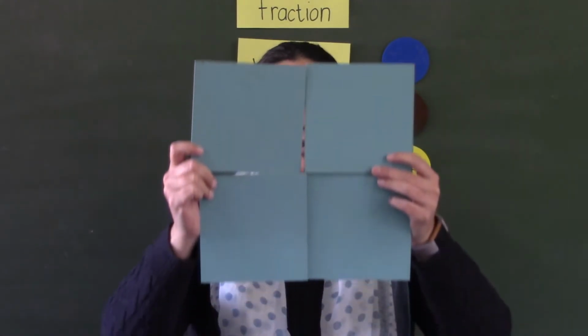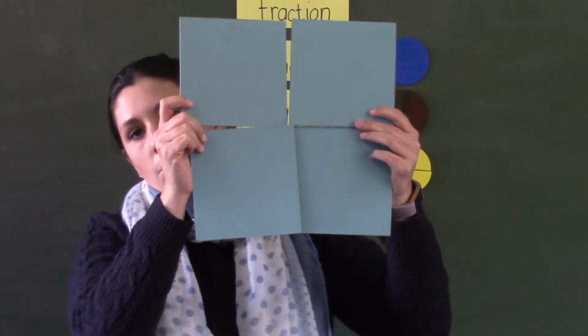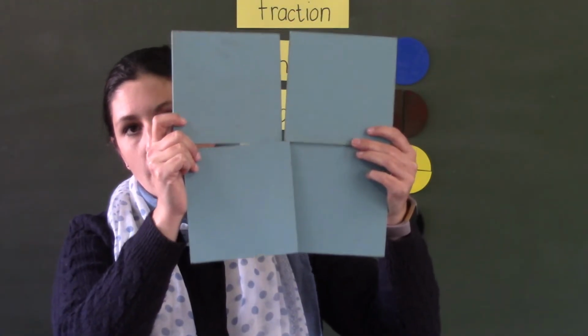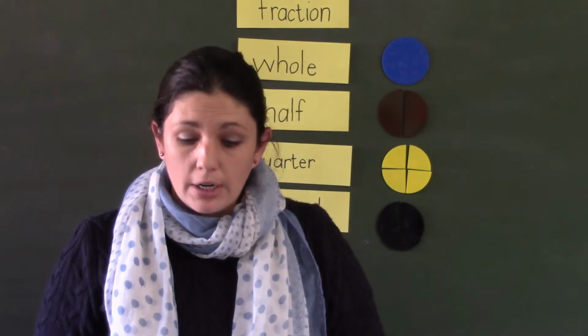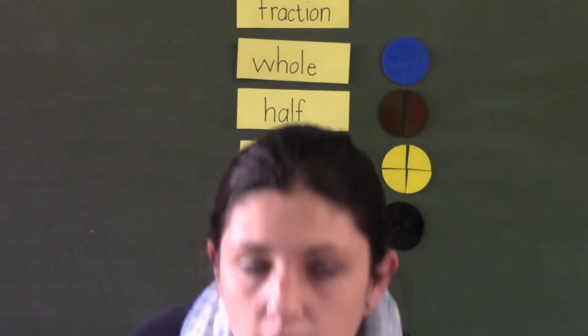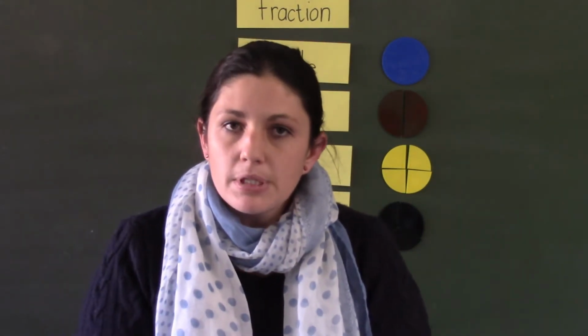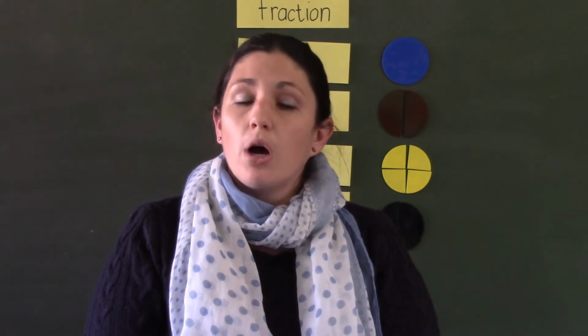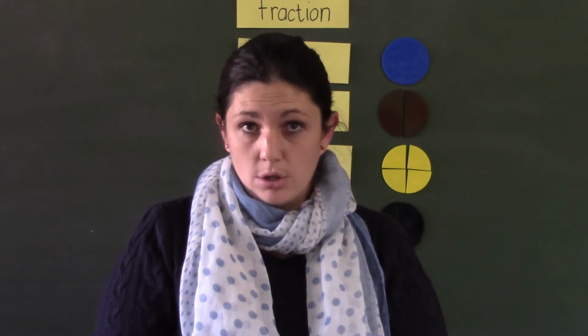Okay, like that. 4 quarters together make up 1 whole. Okay, so that's what you need to know about fractions for now. Like I said to you, don't panic if it's a little bit difficult for now, because we are going to go back and do this later on.